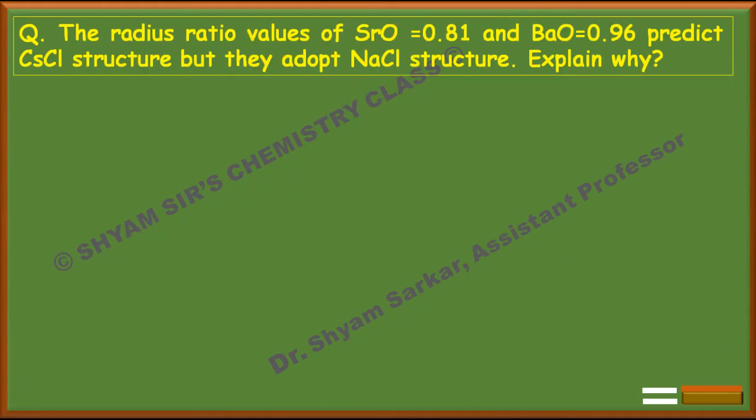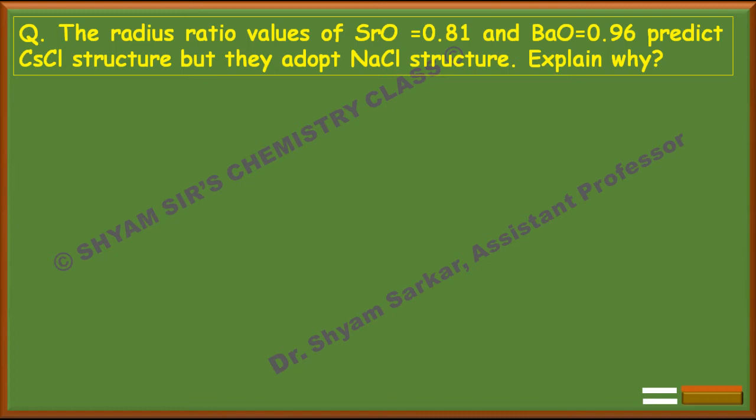Here, if you see the radius ratio values for strontium oxide SrO is 0.81 and for barium oxide BaO is 0.96. They predict cesium chloride structure, but they adopt NaCl structure, explain why.